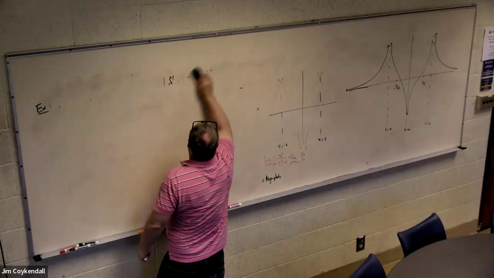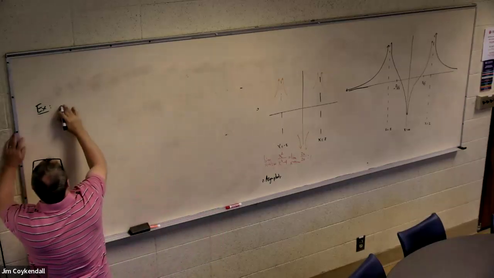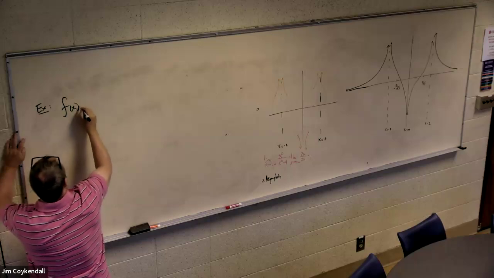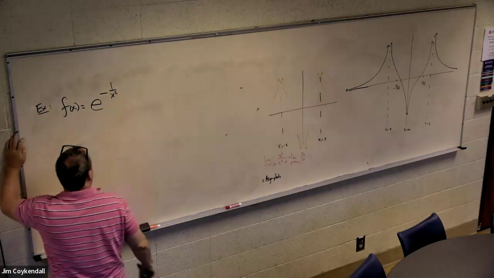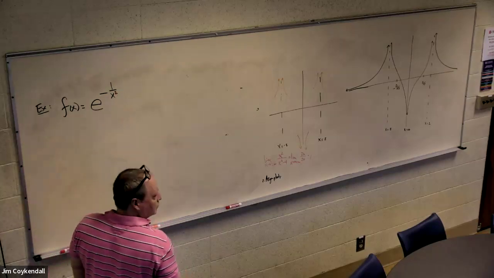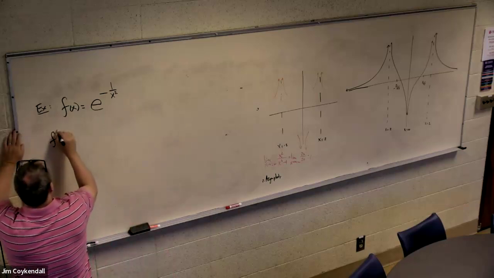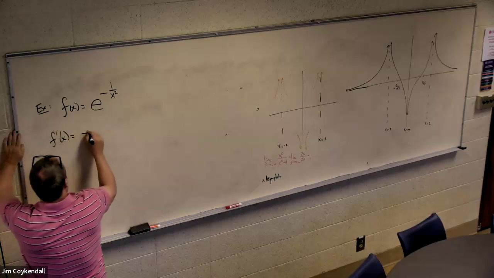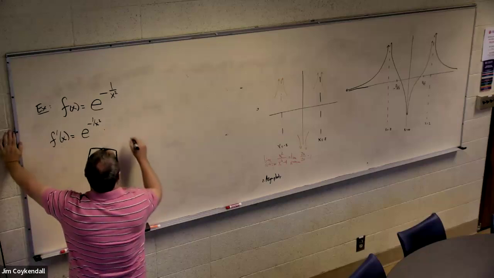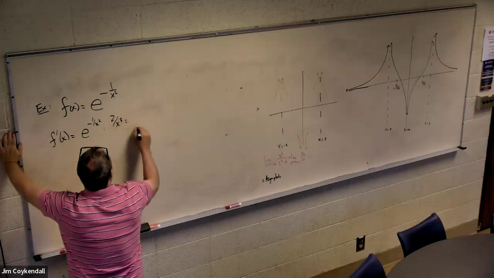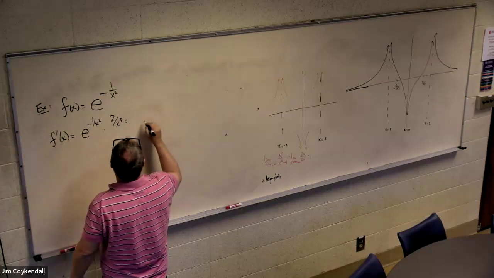Yes. How about this? f prime of x is e to the -1 over x squared times the derivative of this, which is 2 over x cubed. So this is right.